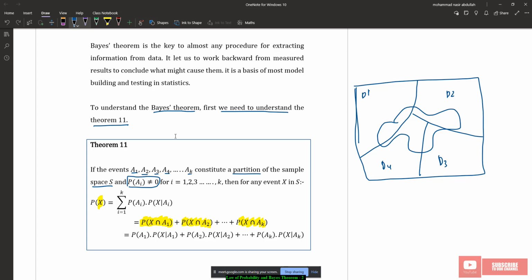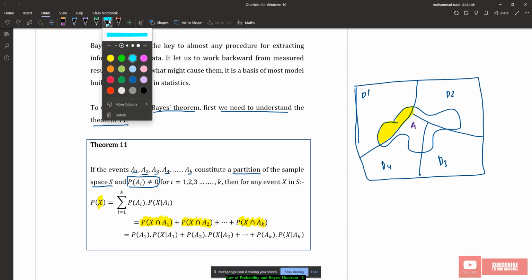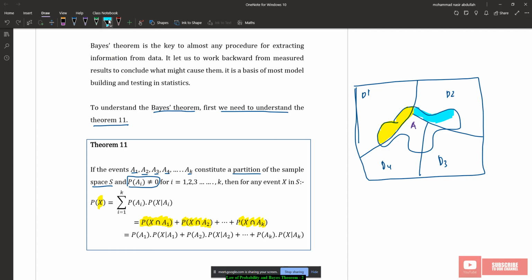Let's name this lake as A. If I want to compute how big this A is, I need to add this area on district 1, then this is the area of the lake in district 2, and this is the area for D3, the lake for district number 3.